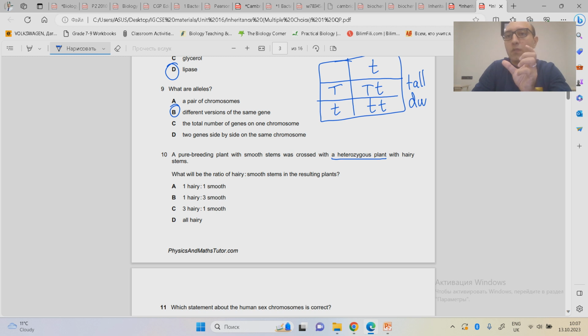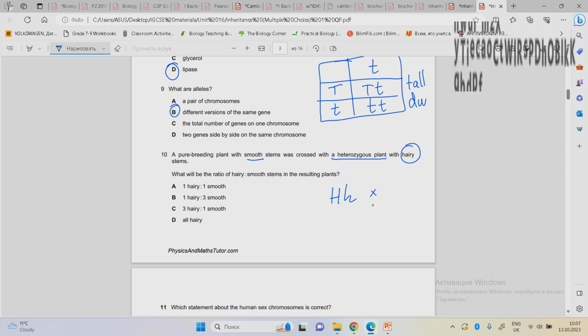This second part of the information, heterozygous means that it will be written, for example, capital H, small h. And heterozygous, guys, don't forget, always shows a dominant feature. So in here, dominant is hairy. So capital H is for the hairy, small h will be for smooth stem.